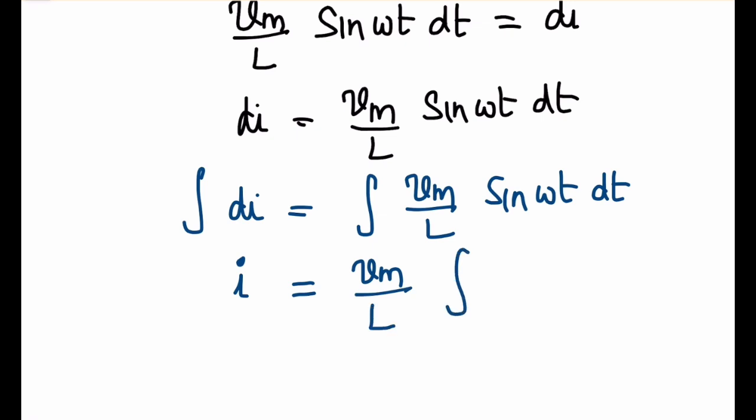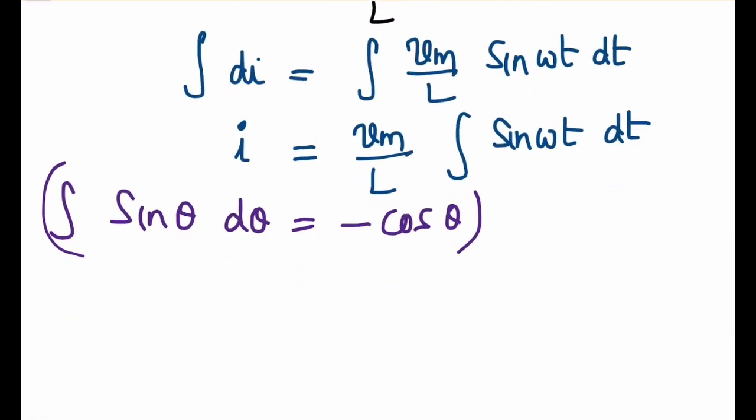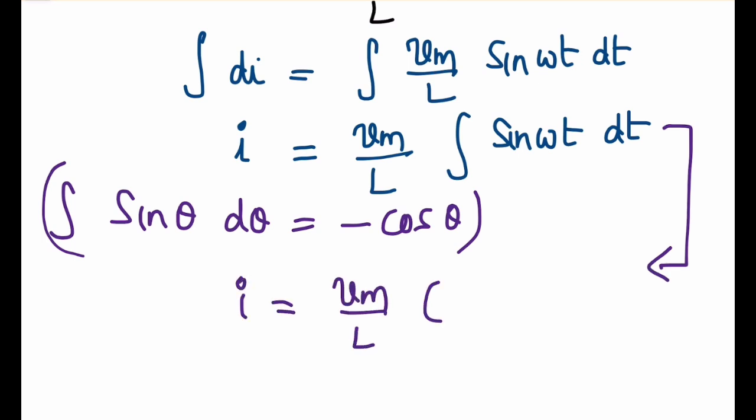You know from trigonometry that integration of sine theta d theta is equal to minus cos theta. Let us apply the same thing here. We get I is equal to Vm by L times minus cos omega t, divided by omega as per the integration rules.